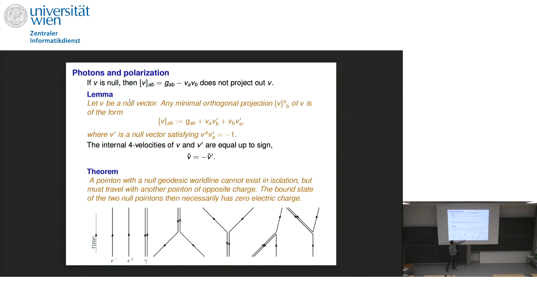This would be an electron and positron annihilating to give a photon. This would be a photon decaying into an electron and positron. Here you have an electron absorbing a photon, and here you have an electron emitting a photon. So it gives a very pictorial view of what happens when an electron, say, emits or absorbs a photon.